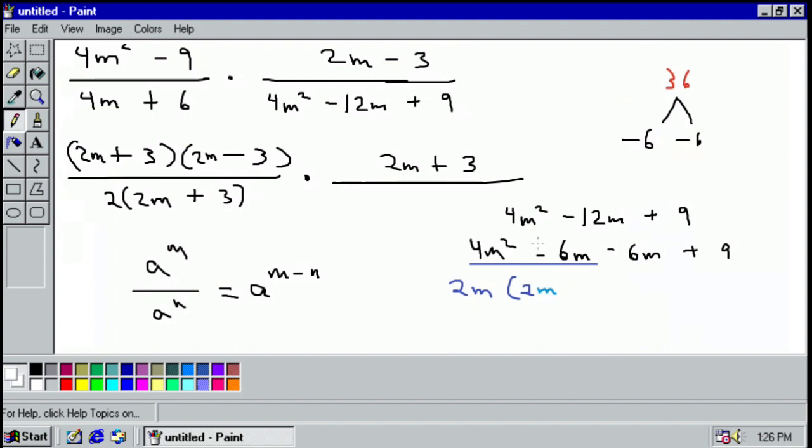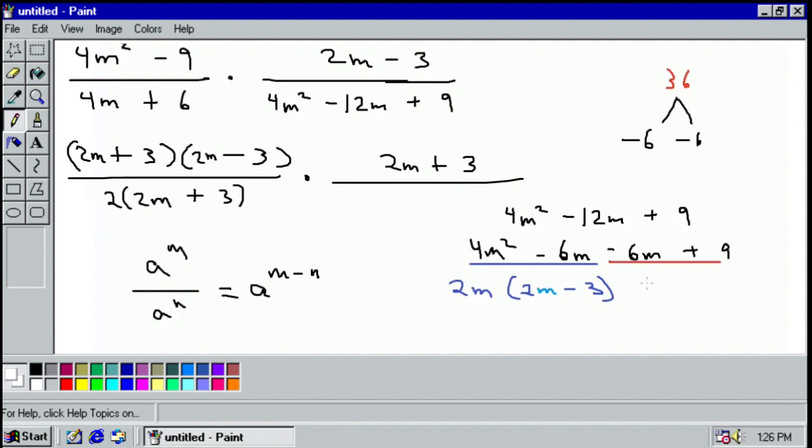That's a different color. But anyways, we have negative 6m divided by 2m, that will be negative 3. So the m's will cancel. Now here, we're gonna have this part, the negative 6m.